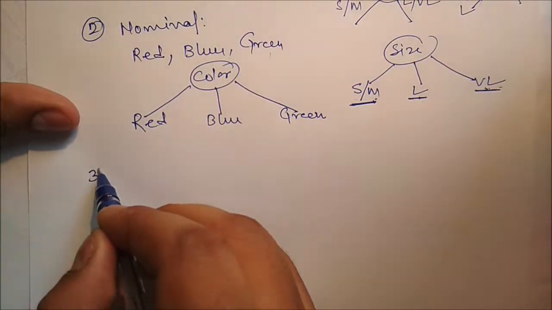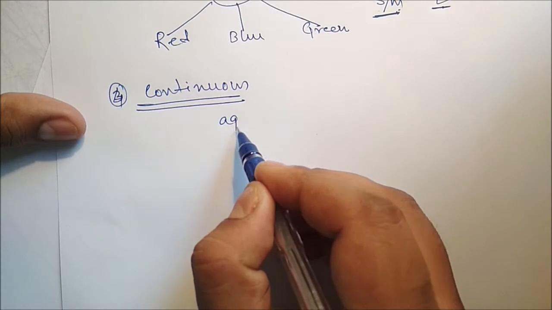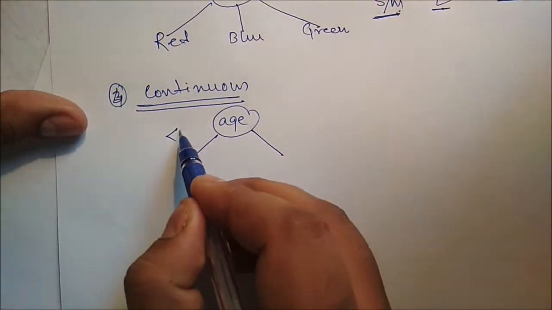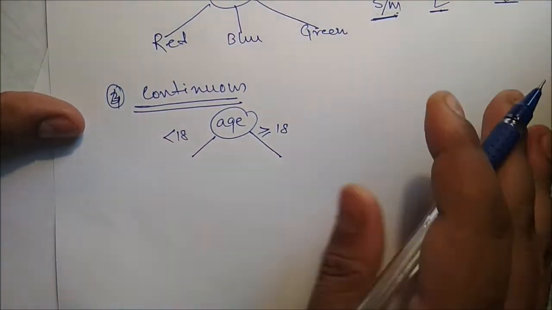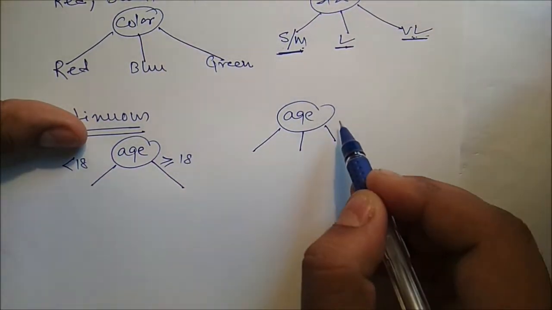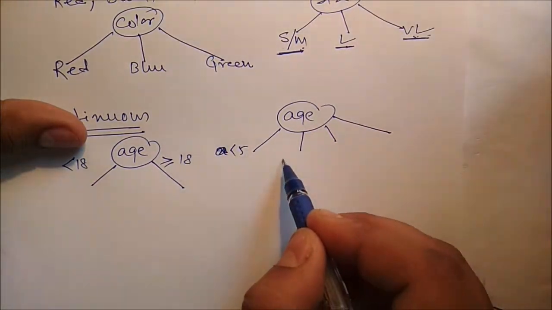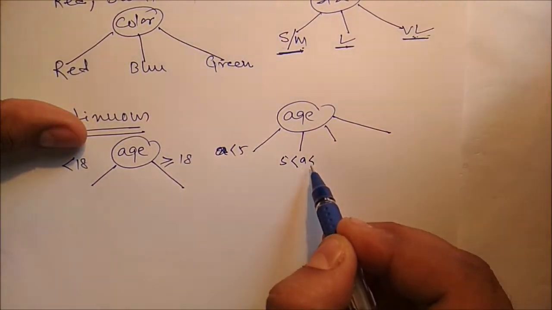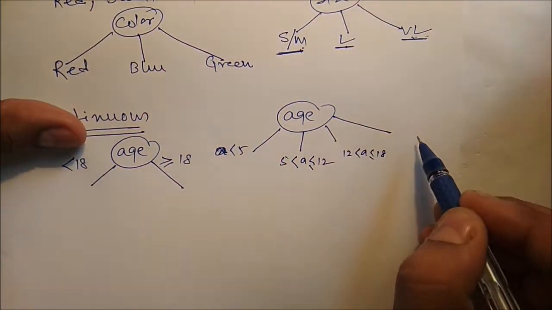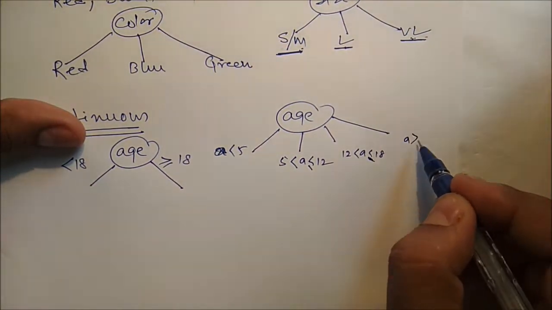Similarly, if the data is continuous, for example age, the splitting criteria may be different. We may split this way, say age less than 5, age less than or equal to 12, and so on, or age more than 18.